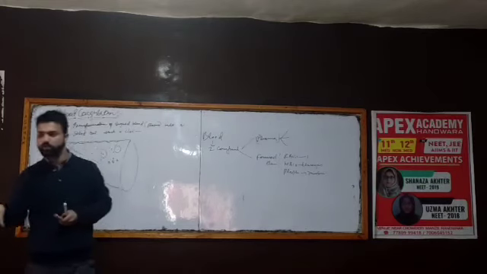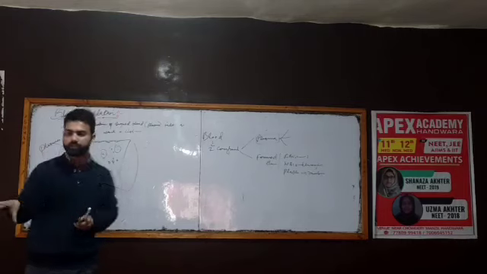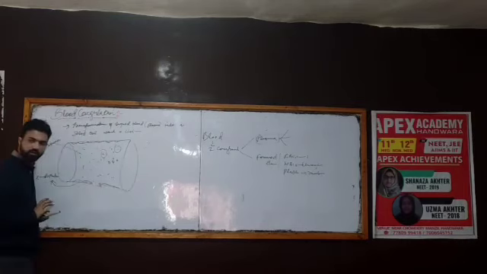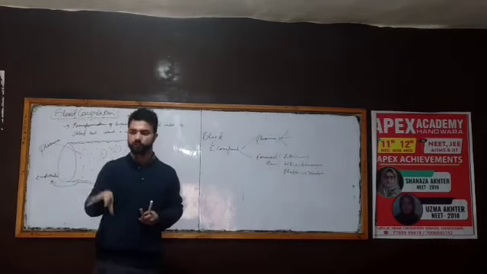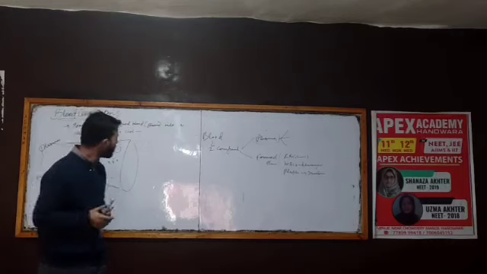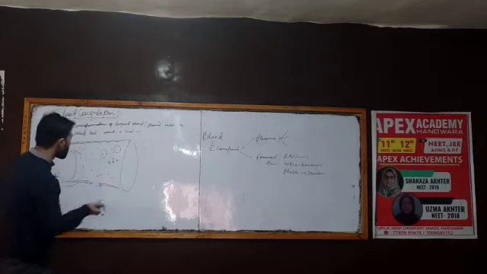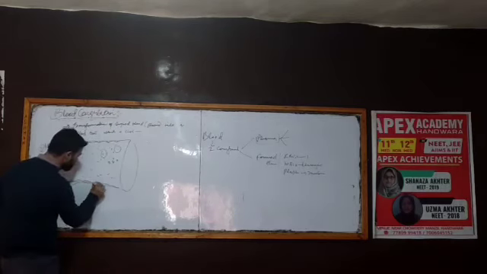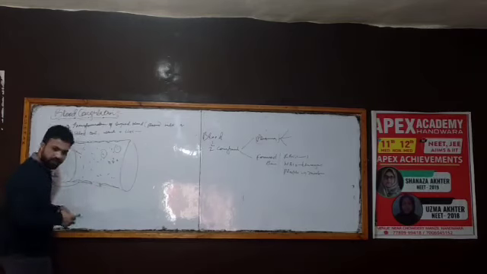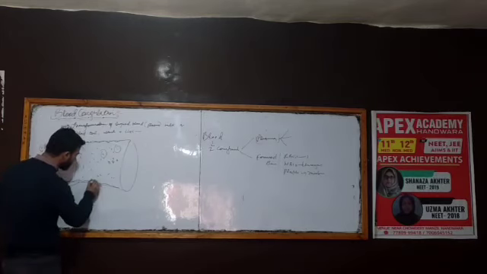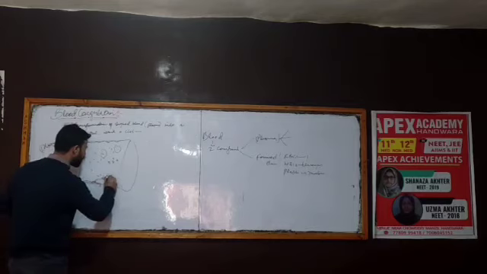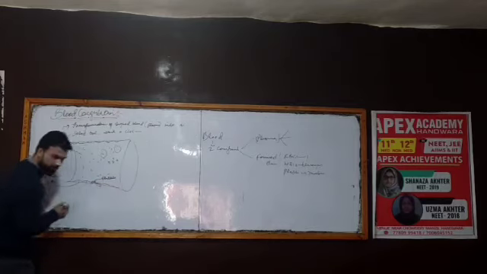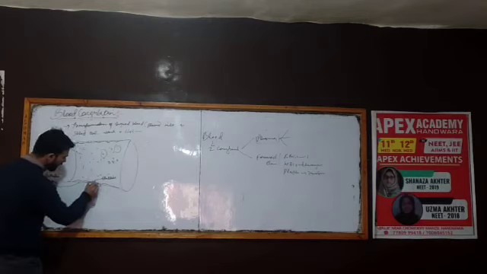But after some time, you find a clot-like structure appears on the surface of injury. Where the injury occurs, there clot formation takes place. See how this clot formation happens. At the time of injury, some cells come from here and get accumulated at the site of injury. Yes, sir. These cells are called platelets, right? Platelets get accumulated, right?